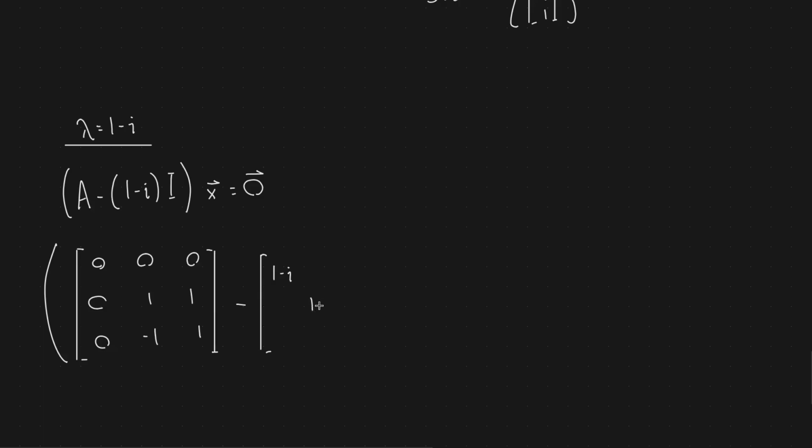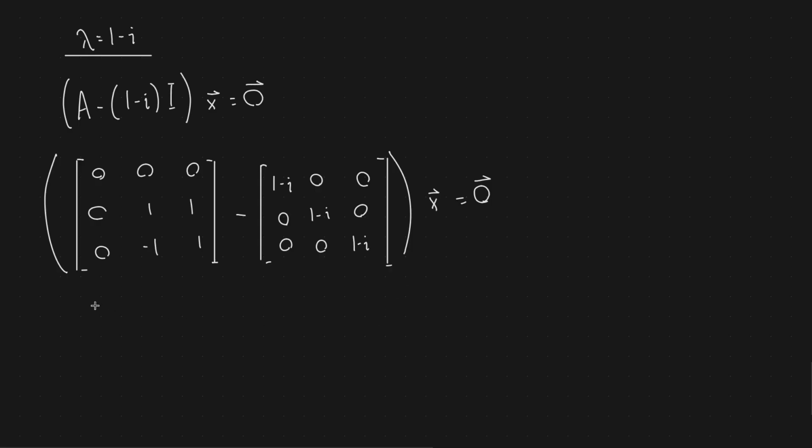That just gives me 1 minus I down the main diagonal, 0 everywhere else. Do the matrix subtraction, and I get negative 1 plus I, 0, 0, 0, 1 minus 1 minus I.